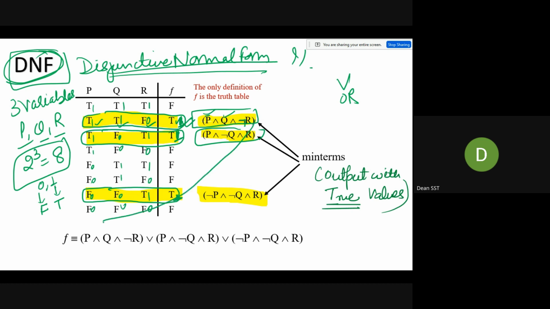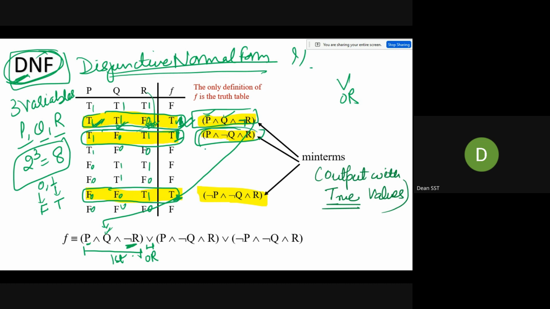P's value is 1, Q is 1, and for R we are having 0. So we have written negation of R. So this is the first expression. Because this is disjunctive normal form, or.